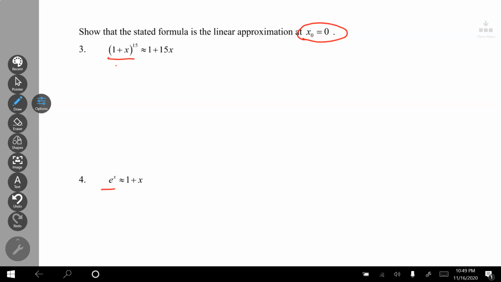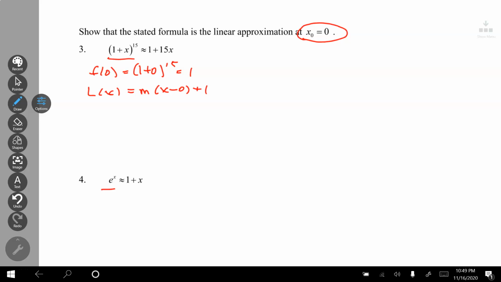So again, I'm going to plug in 0. So f of 0 is equal to 1 plus 0 to the 15th, which is just 1. So my linearization is going to be m times (x minus 0), which seems silly, plus 1.